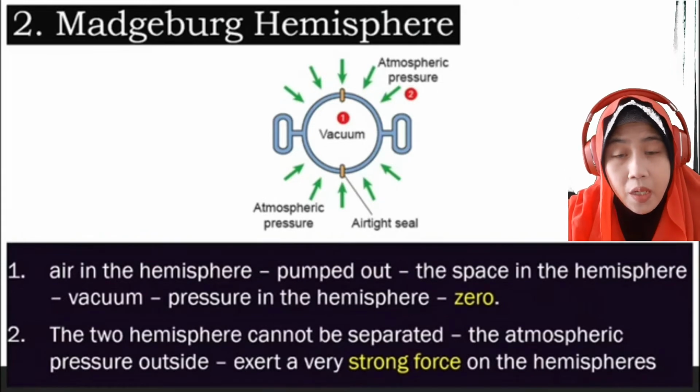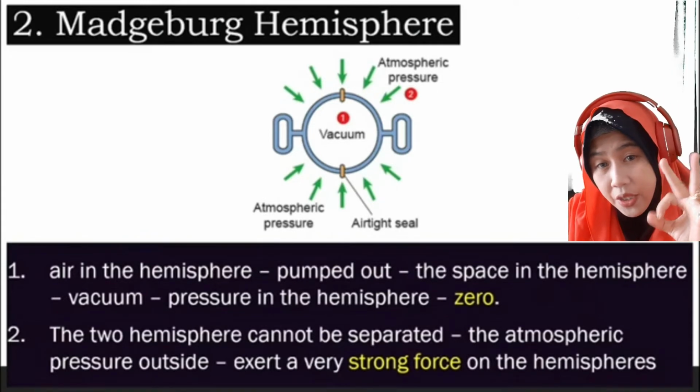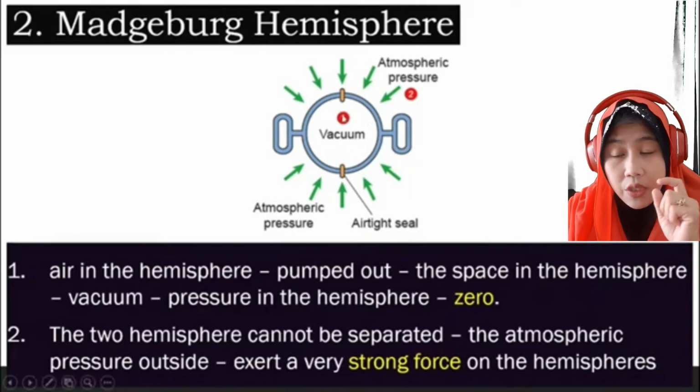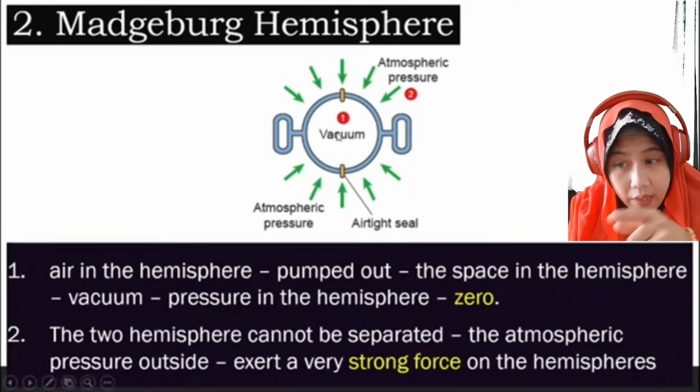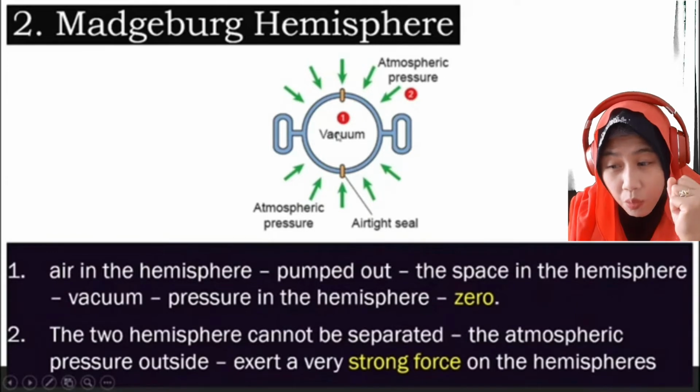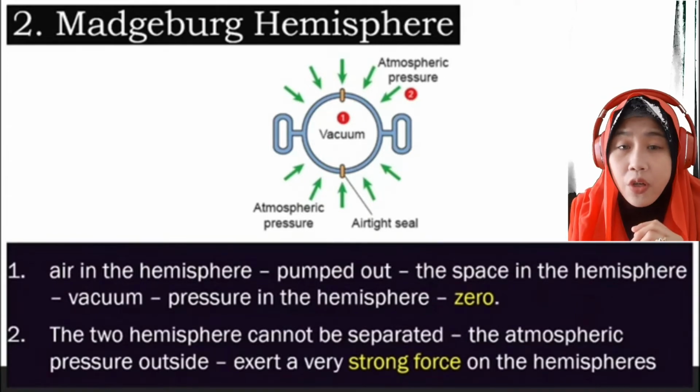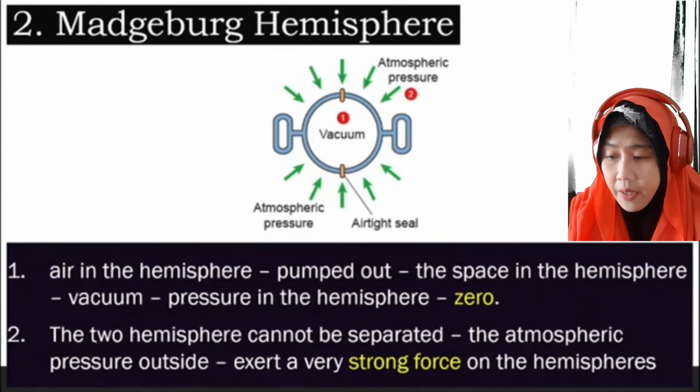Why did I say so? Because when it is zero pressure inside, what happened to the pressure outside? The pressure outside, so-called atmospheric pressure, will become very strong. It will exert a very strong force on the hemisphere.